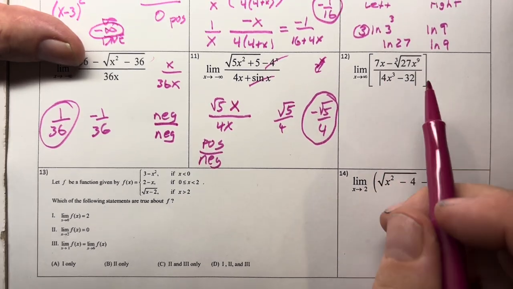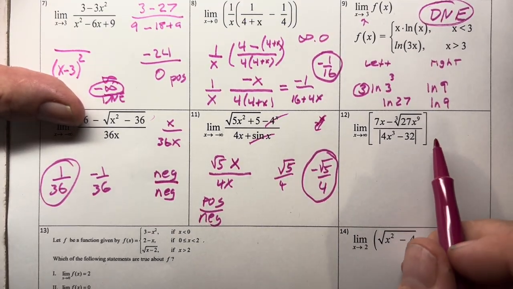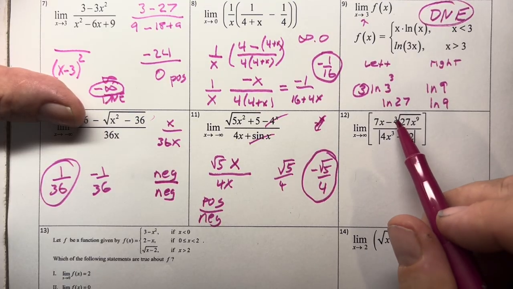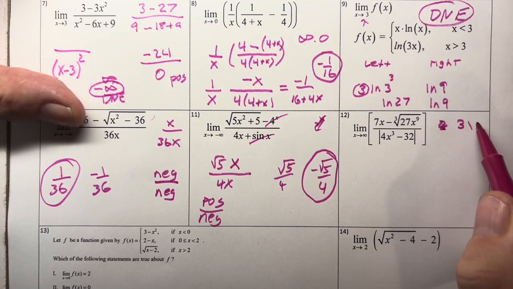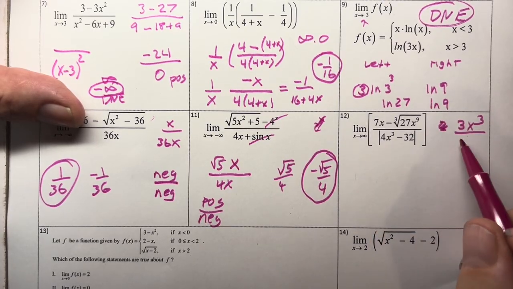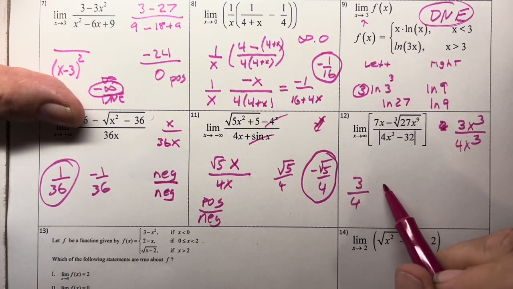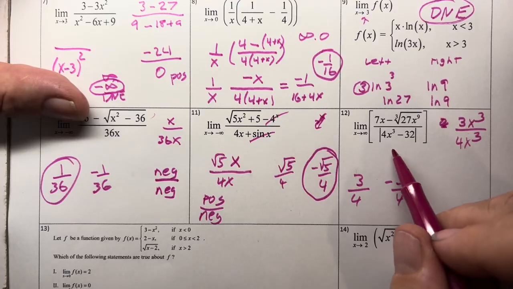Here's another one, infinity. Very similar. We care about the degree. There's just going to be a lot of negatives going on. Let's check the degree. The cube root of 27x to the 9th is 3x to the 3rd, and down here is 4x to the 3rd. So we will be choosing between 3/4 and negative 3/4. The bottom is positive.